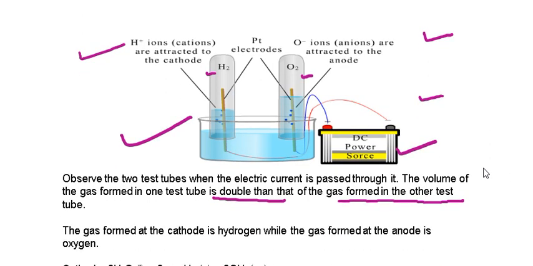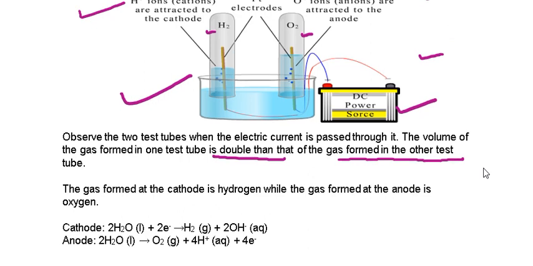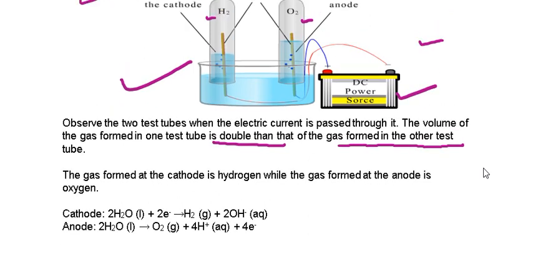And you can also see by this activity that the gas formed at the cathode is hydrogen while the gas formed at the anode is oxygen. Through the equation you can understand that this activity clears your doubts about electrolysis.